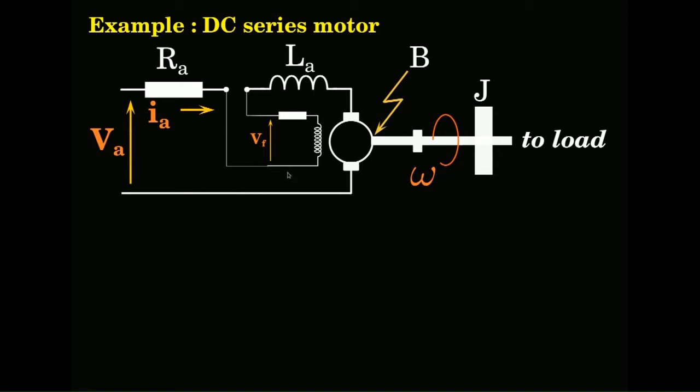Anyway, it is a good motor to understand, study, model and control. All these variables are understandable for you. The armature voltage, armature current, this is the field voltage, but what you have to be bothered about is the field current, which is the same as IA in this case, omega, you have B and J and load.